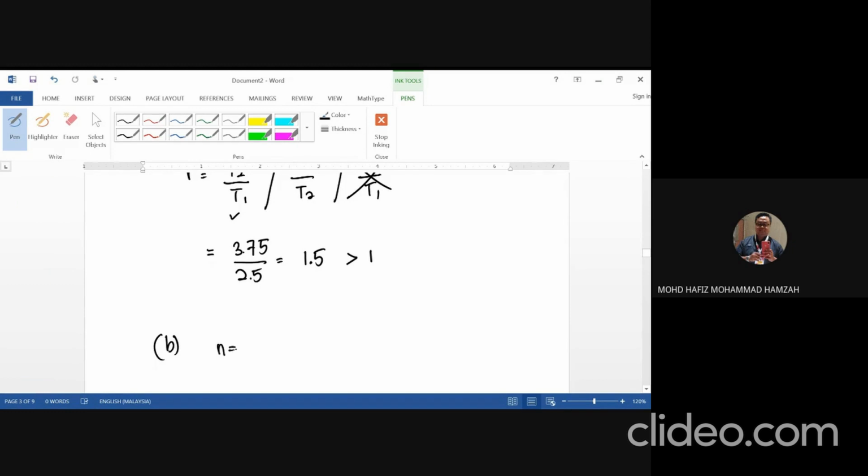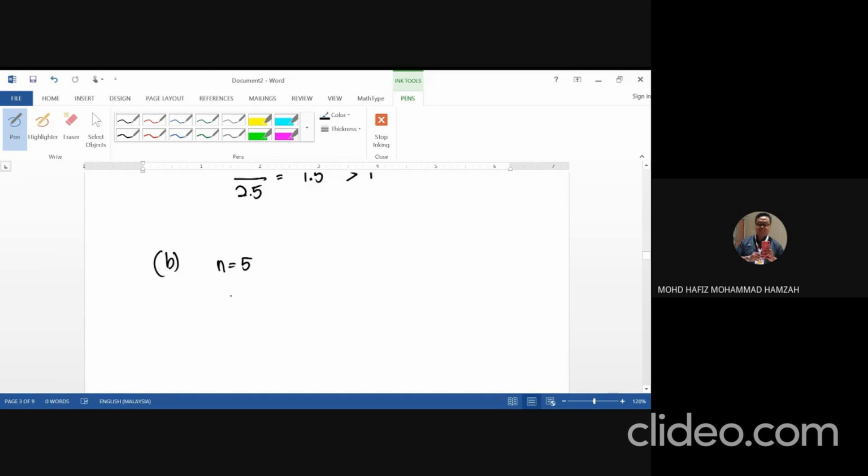So that means you nak cari N sama dengan 5. So guna formula for term, Tn equal to A R to the power N minus 1. So T5, so A is 2.5. R kita dapat yang tadi 1.5. So 5 tolak 1.